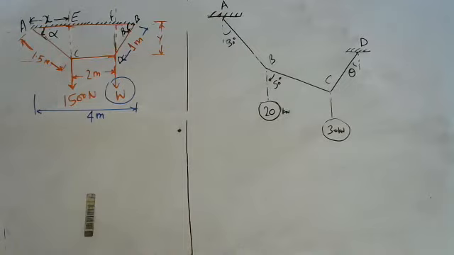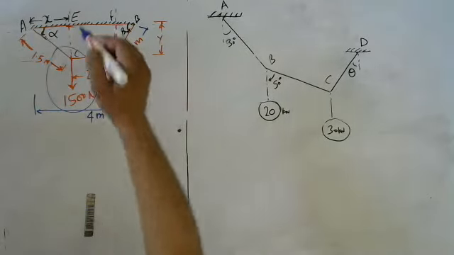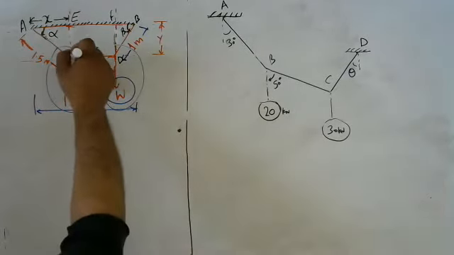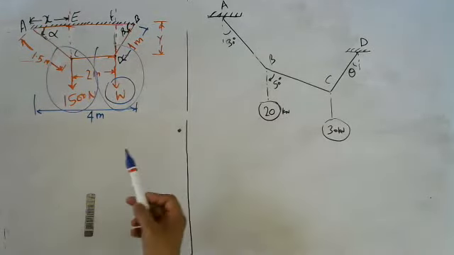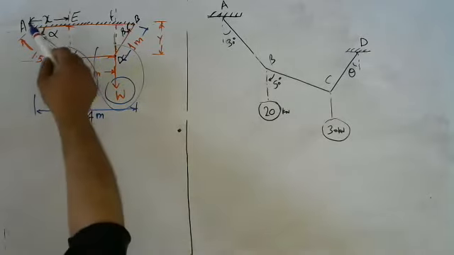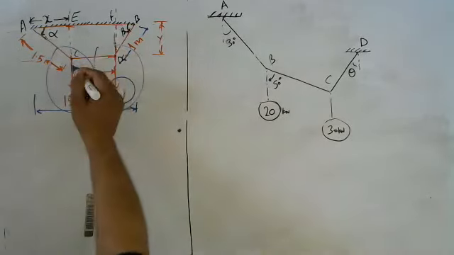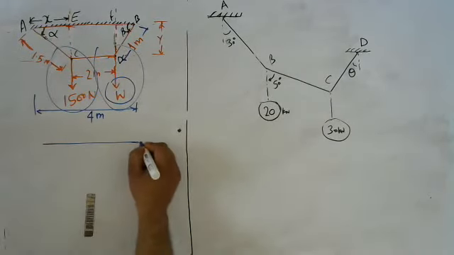So this is the problem. Here two bodies are connected like this: this is the first system and this is the second system. I can just consider two systems because of joint C and joint D, points A, B, C, D. So the actual diagram is like this.